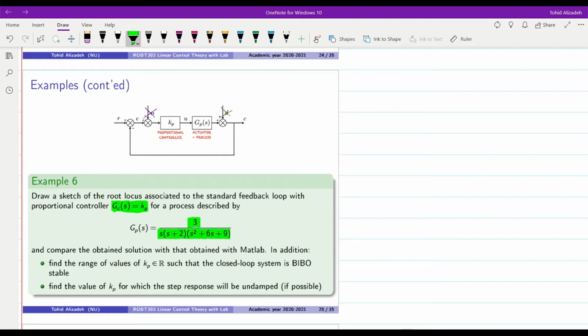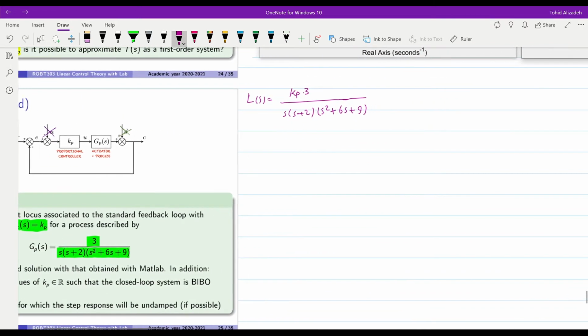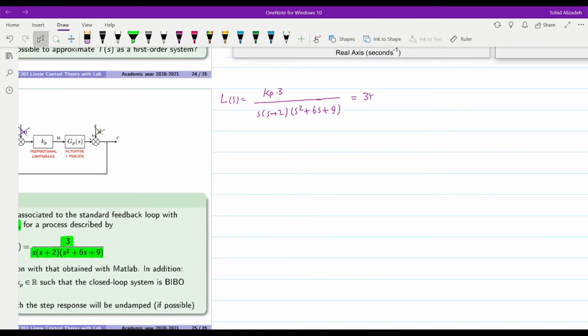So as usual, let's get started by forming L of s, which is kp times 3 over s times s plus 2 times s squared plus 6s plus 9. And this will be equal to 3 times kp times 1 over s times s plus 2 times s squared plus 6s plus 9.